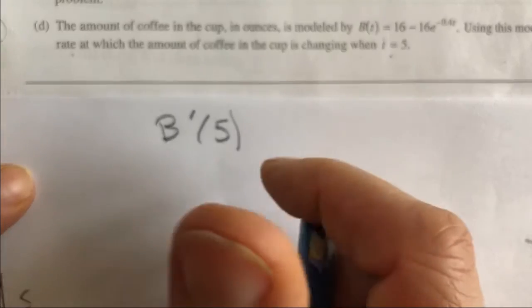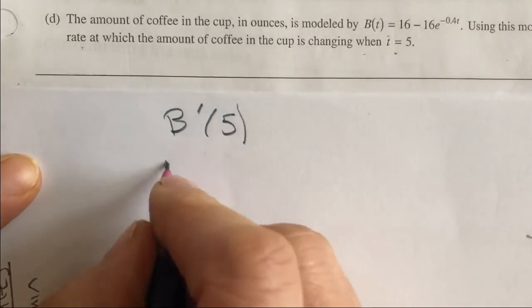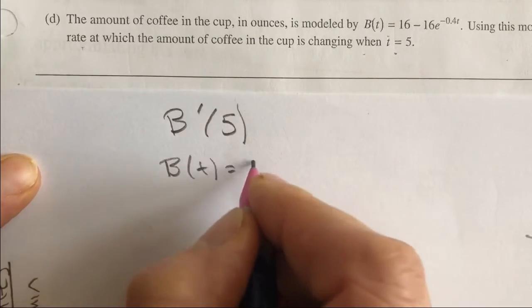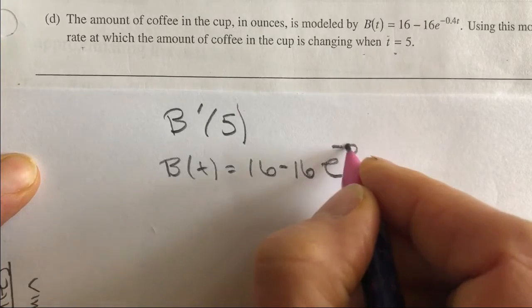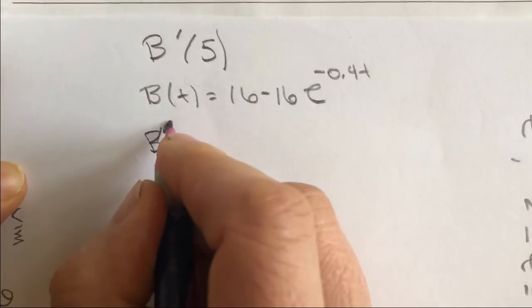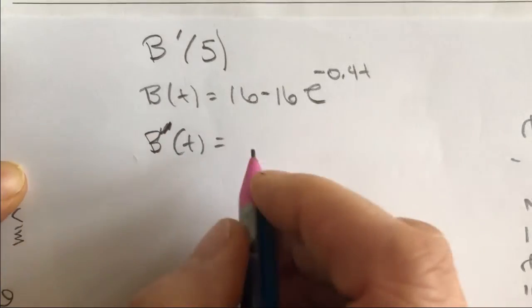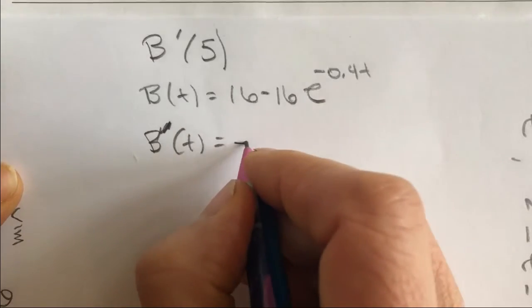So this was a no calculator question, so we do have to take the derivative. So if b of t equals 16 minus 16e to the negative 0.4t. Okay, the derivative of 16 is 0, so I won't write that. Then I have minus 16 as a constant multiplier.